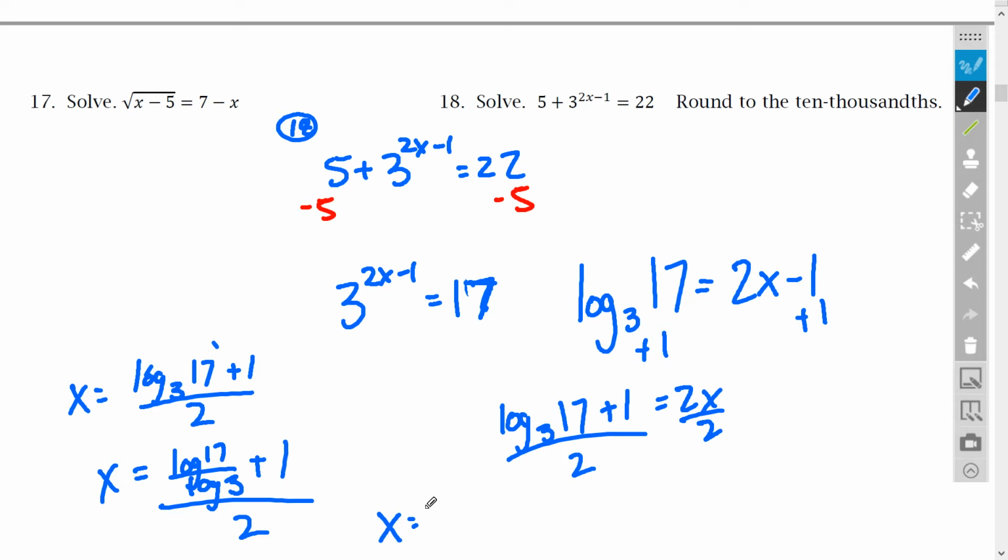So I have log of 17 divided by log of 3, and then I will add 1 to that, and then I'll divide that by 2. Okay, so we get 1.7895. That would be to the 10,000th place.